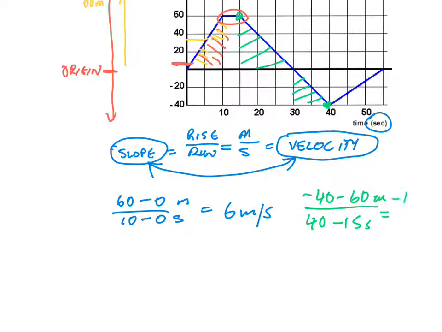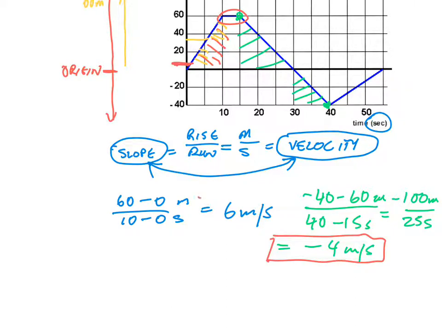And that gives us negative 100 meters over 25 seconds, which is equal to negative 4 meters per second. So we can see a couple of things here. The calculation of the slopes would tell us that in the first part, where there's movement, the velocity is higher than in the second part.